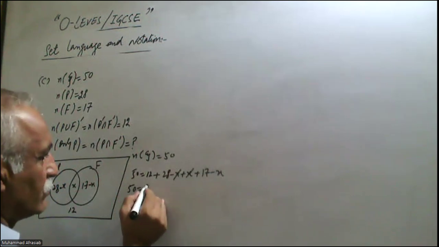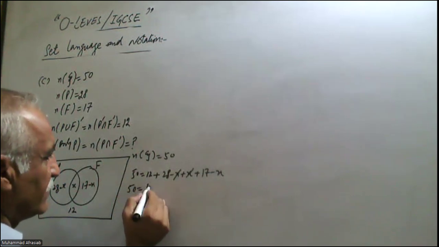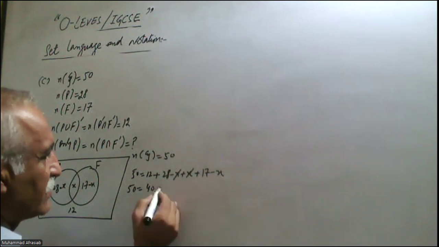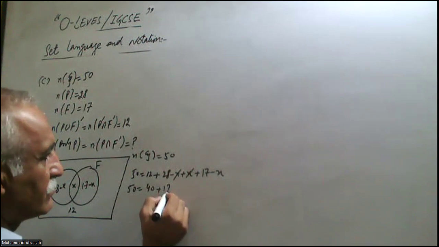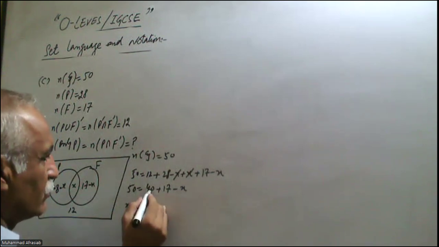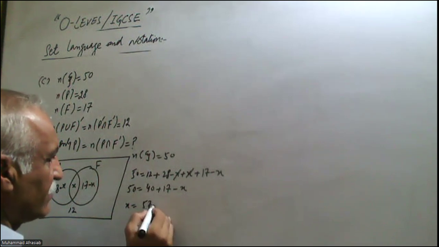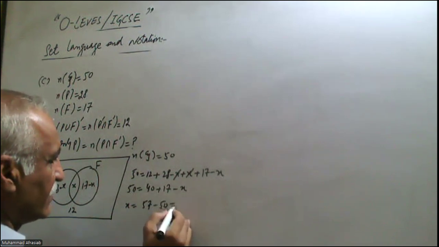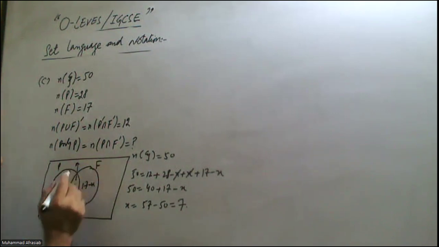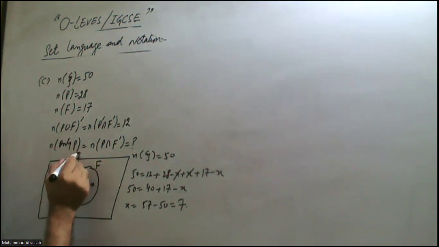So 50 is equal to 12 plus 28, which is 40, plus 17, minus x. So x should be equal to 57 minus 50, which is 7. So those who have both piano and flute are 7.